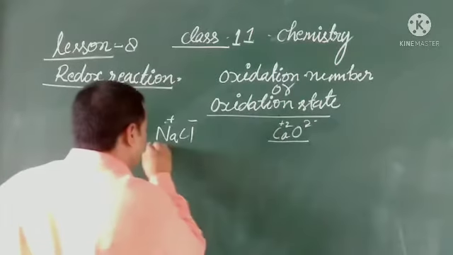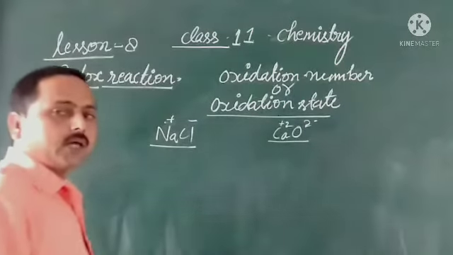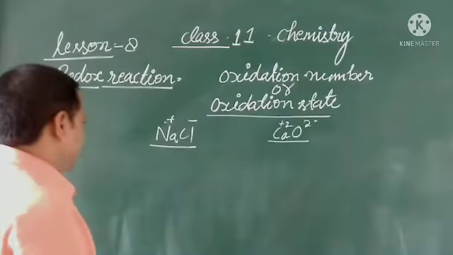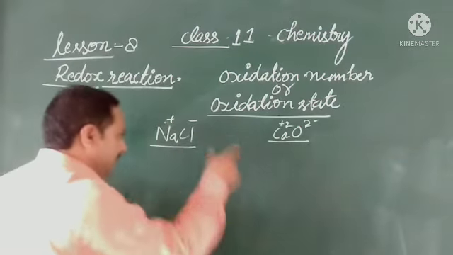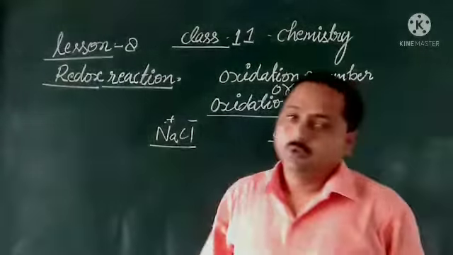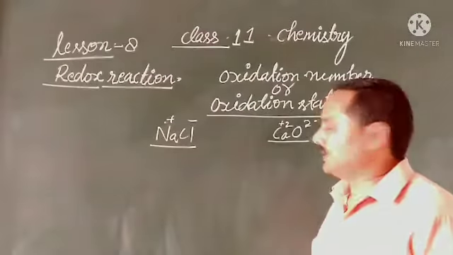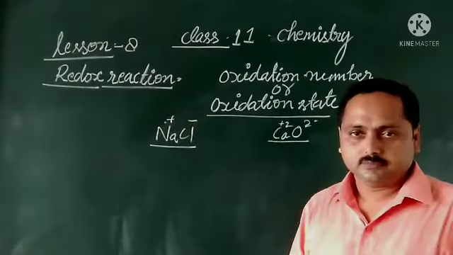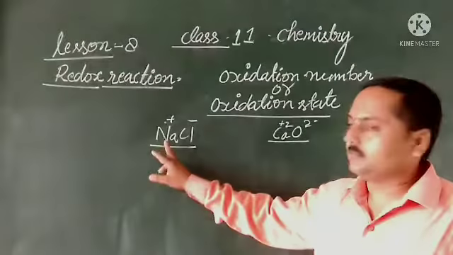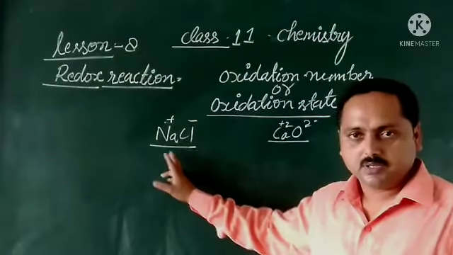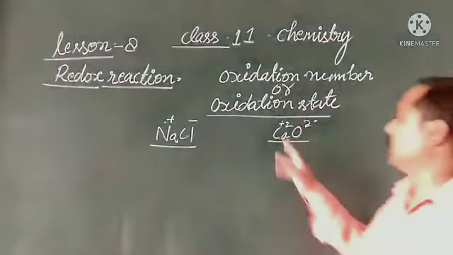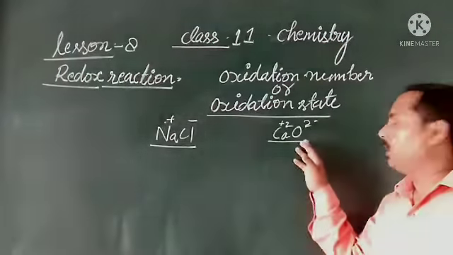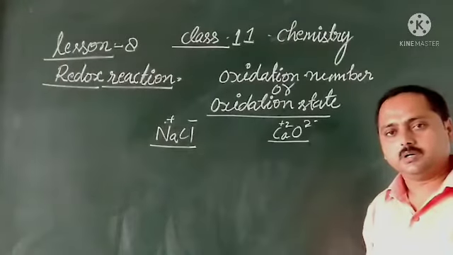These are ionic compounds. So what you are seeing here is that sodium has one positive charge, chloride has negative, calcium has plus 2 and oxygen minus 2.